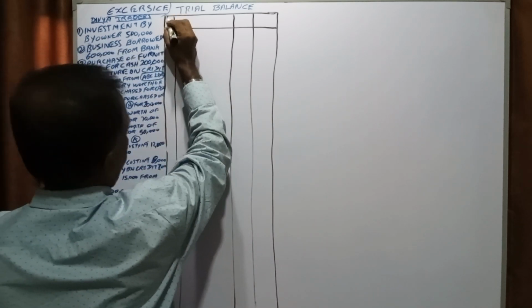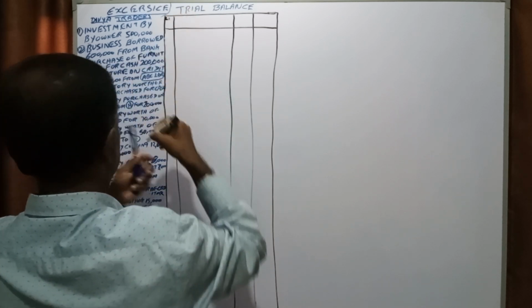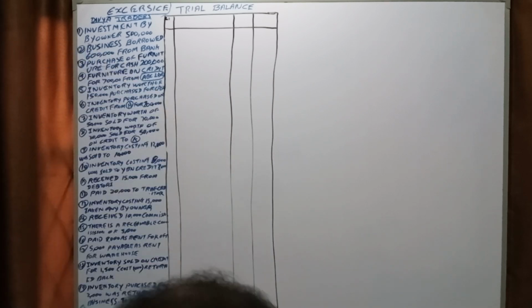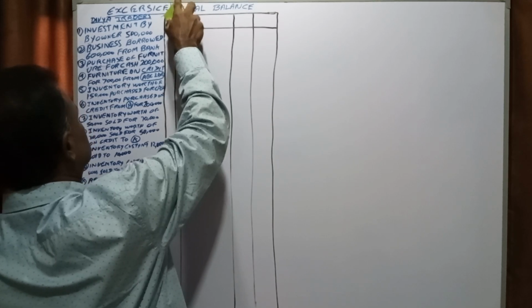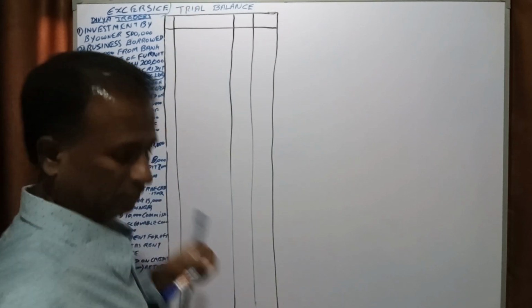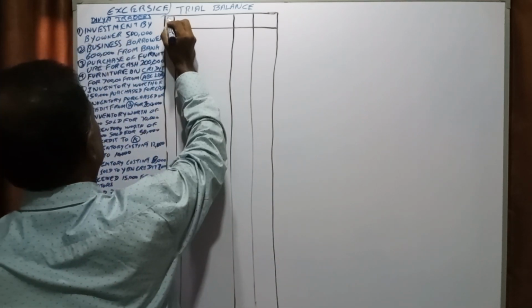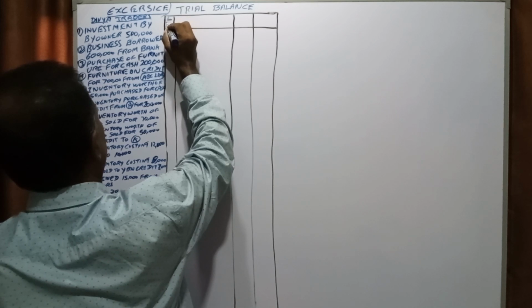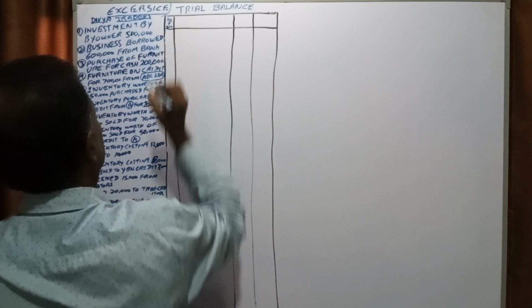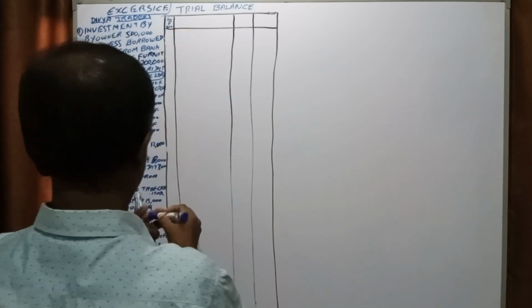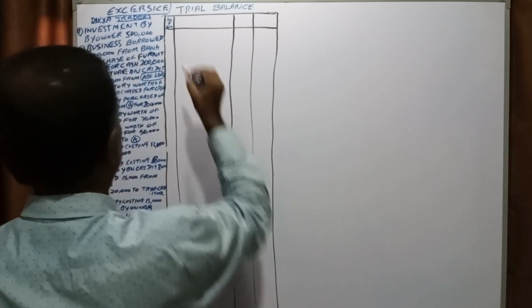Here we will say ledger folio number, LF no. And here we will say description.